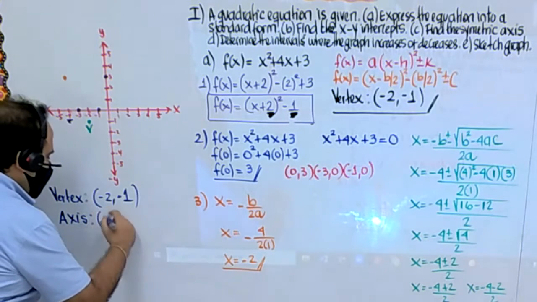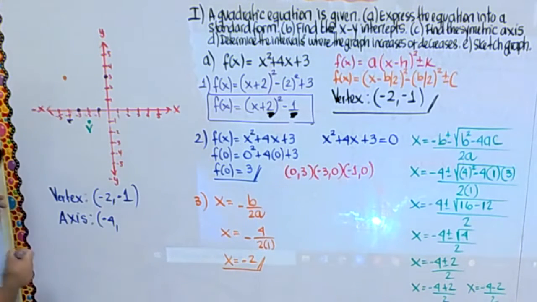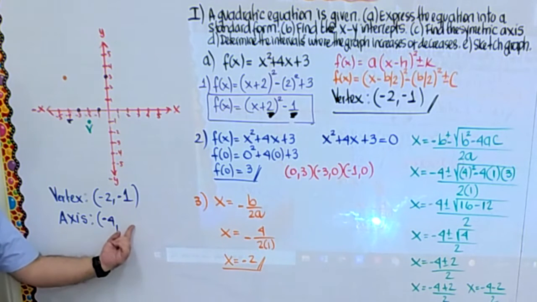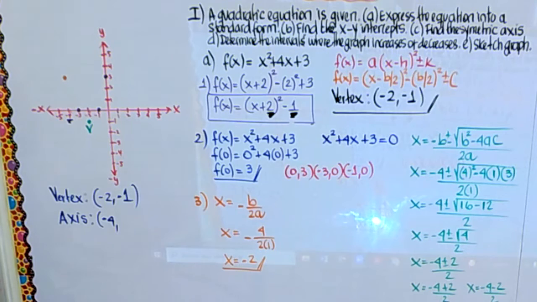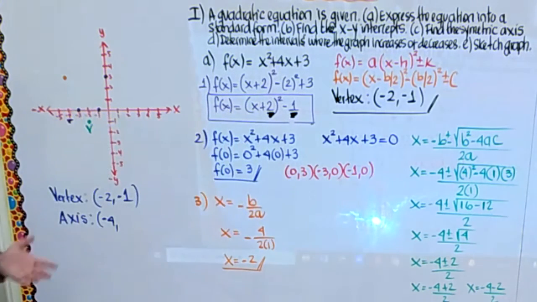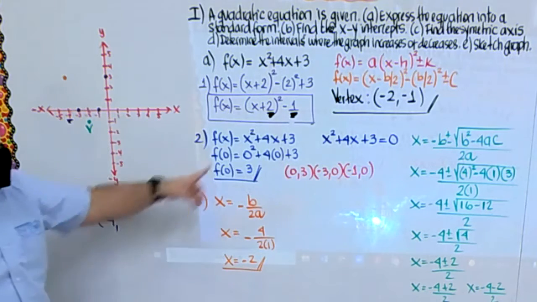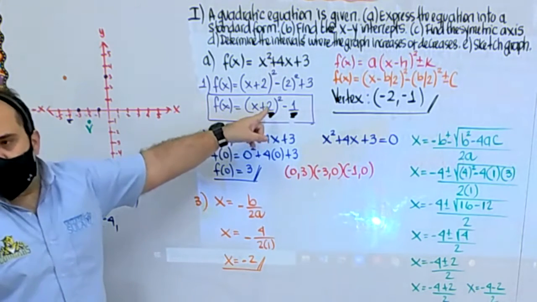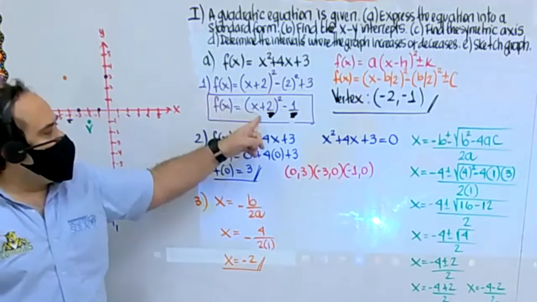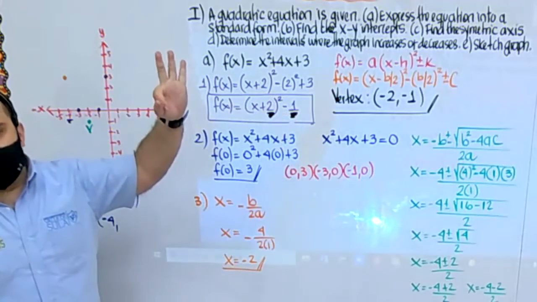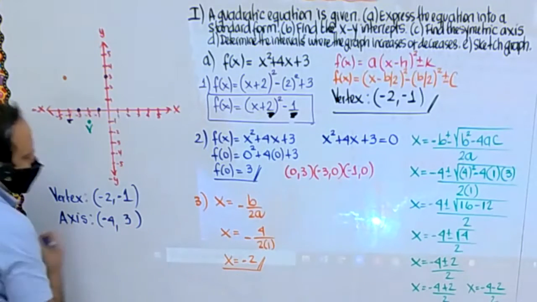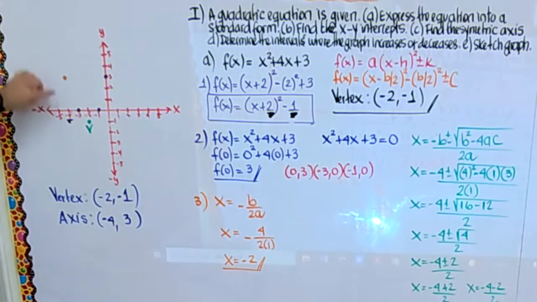So I'm going to copy negative 4 as the coordinate from the axis. And if I really want to know the y-coordinate, the only thing that I have to do is evaluate in the black equation or the purple one. If you evaluate this value, negative 4 plus 2 is negative 2. Second power will be 4. 4 minus 1 gave us 3. So the coordinate of the axis will be negative 4 with 3.